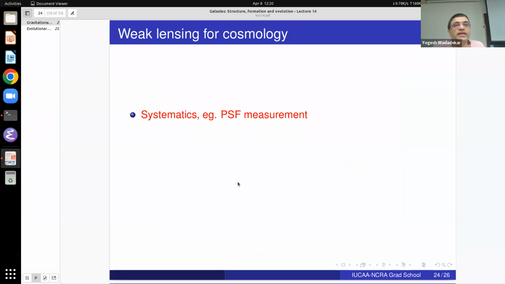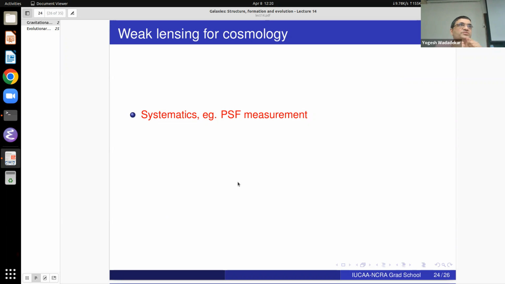You can do weak lensing for cosmology, but you have to be very careful about the systematics, about the measurement of the point spread function. The point spread function, remember, also changes the shape of galaxies.